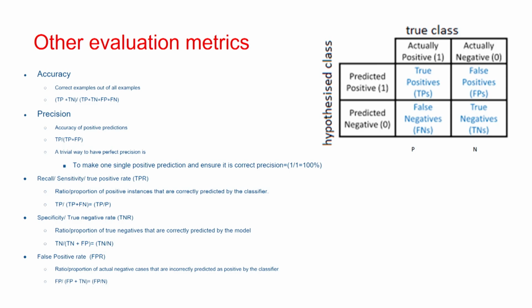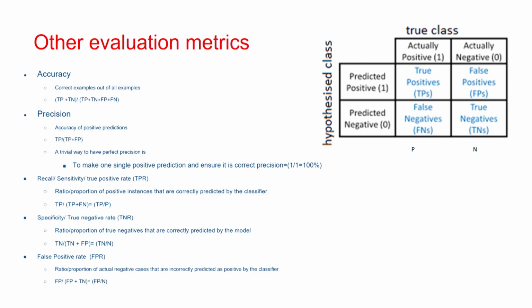The next evaluation metric is recall, also called sensitivity, or the true positive rate. The true positive rate is the ratio, or proportion, of positive instances that are correctly predicted by the classifier.